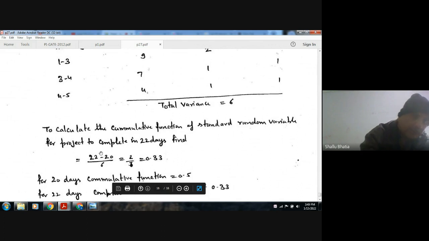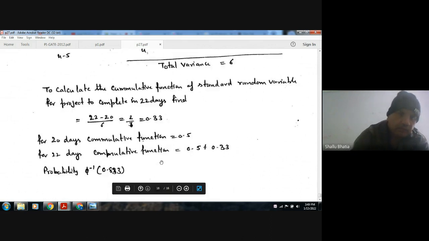Now to complete it in 22 days, we take 22 minus the mean, that is 20, and divide by the standard deviation. We calculate this point: z is 0.33. For 20 days it is 0.5, and for 22 days it will be 0.5 plus this cumulative function.